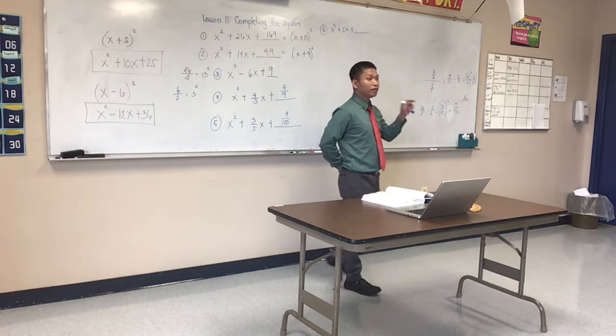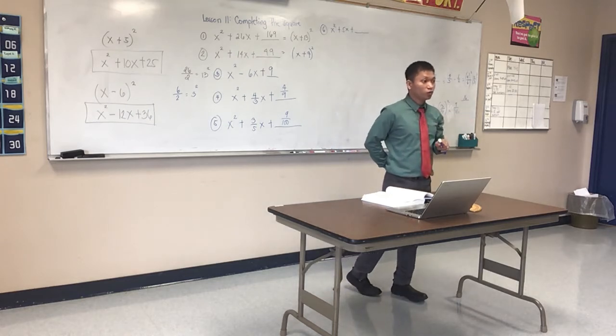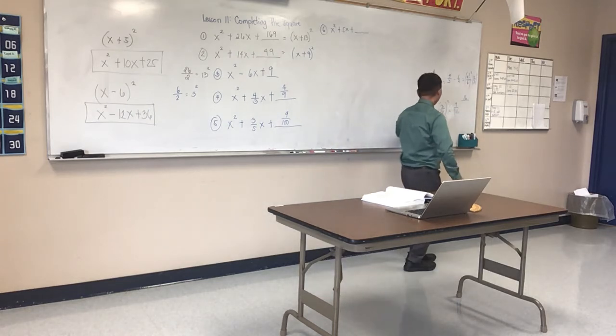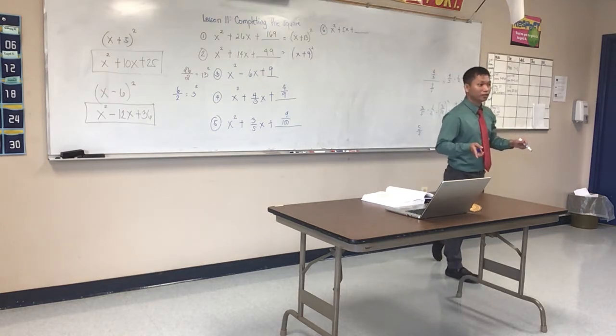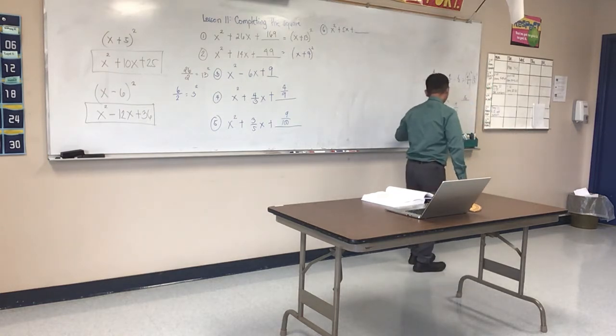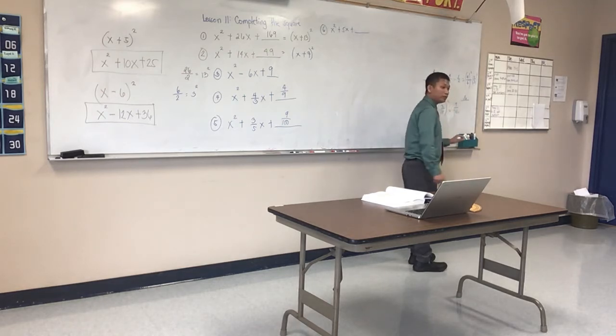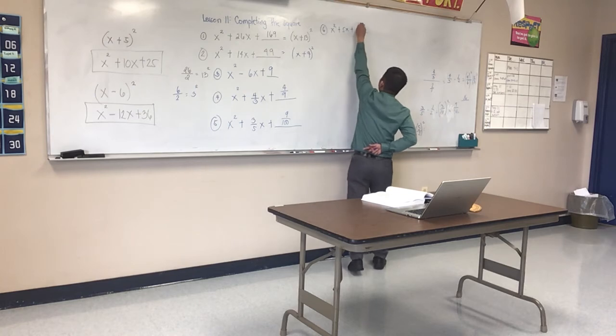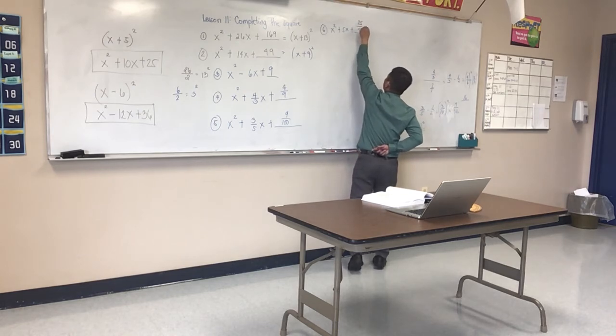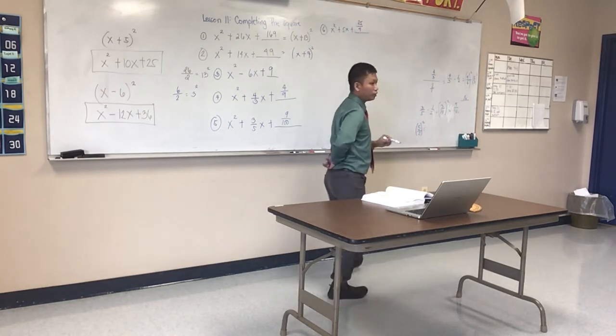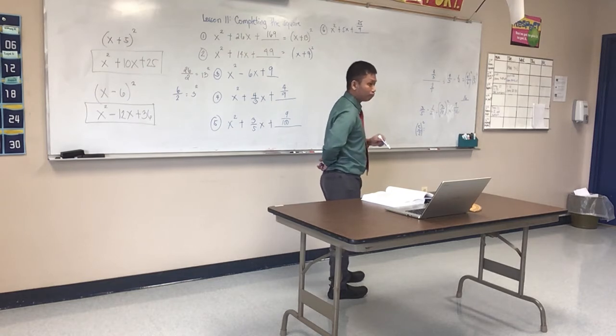So we divide by 2. 2.5. That is 5 over 2. So we're not using decimal here. So this is just 5 over 2 then squared. So that would be 25 over 4. 25 over 4. That's it.